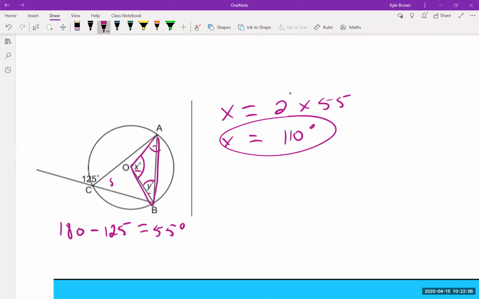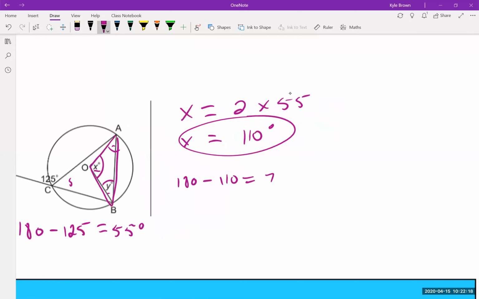So I'm going to go 180 minus 110, and what I have left here is 70 degrees. Well, that means this angle and that angle must add up to 70 degrees. That's what I have left.